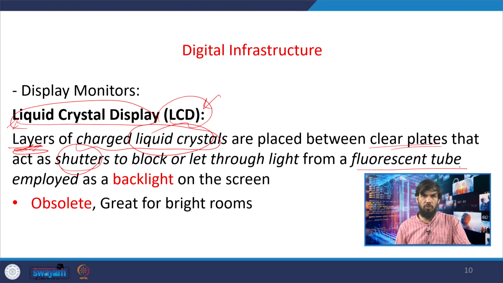The fluorescent tube is employed as a backlight, lighting the screen from the back side, and the liquid crystals work like shutters, doing the on-off thing: when the light will go through, and when to block and when to let through. This kind of technology is used for liquid crystal display LCD monitors.